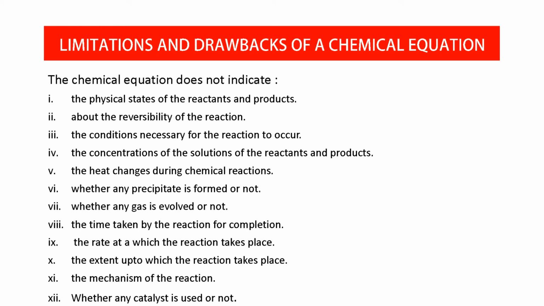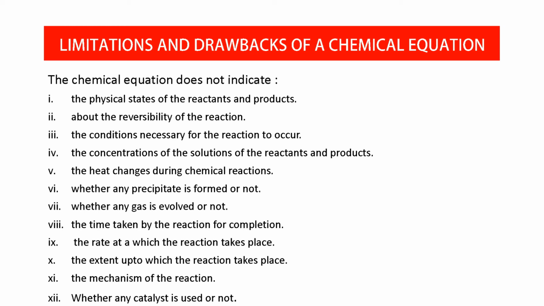The concentration of the solution of the reactants and products, whether they are conc or diluted, cannot be known. The heat changes during the chemical reaction, and whether any precipitate is formed or not. If any precipitate is going to form, we don't know by the chemical equation.